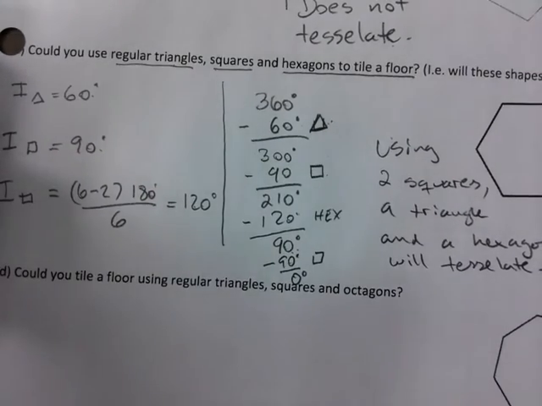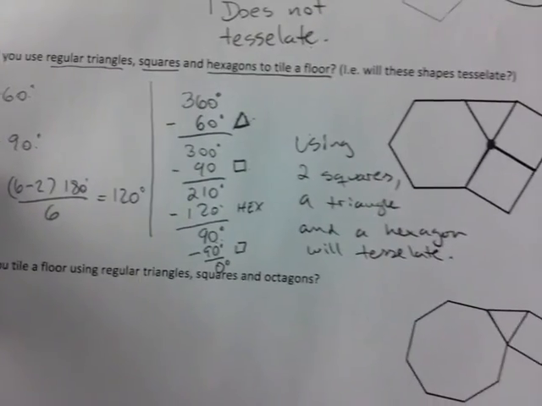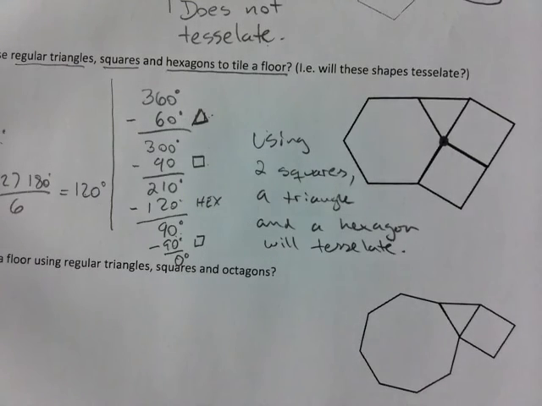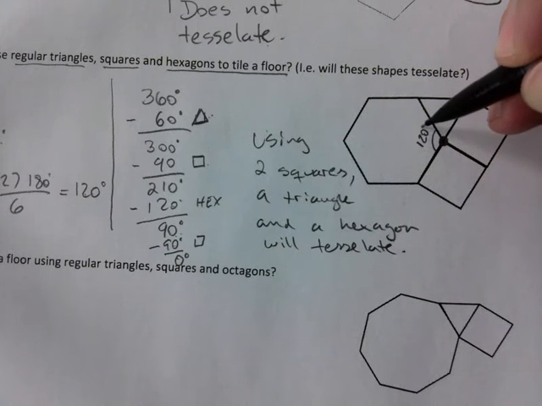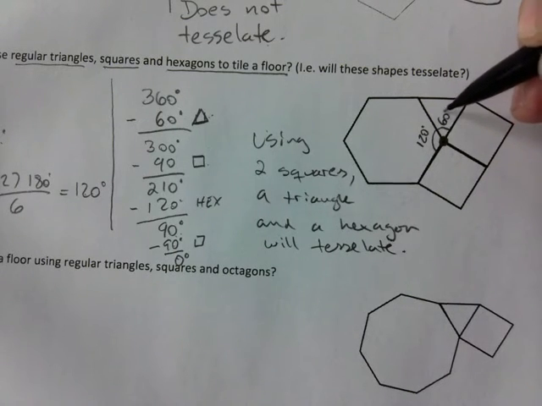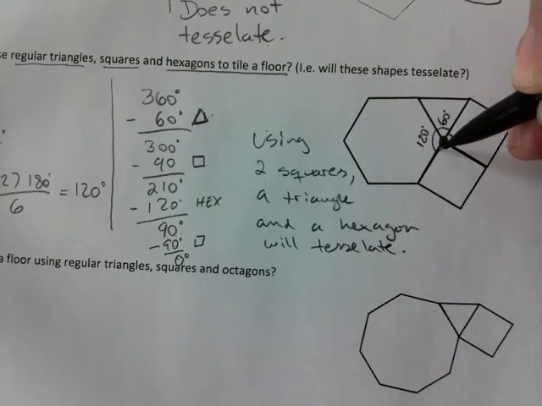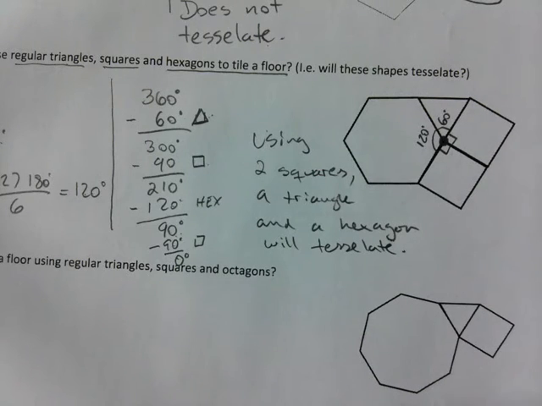Or you can use those shapes to tile the floor. Let's just go in here and just make sure, right? This is 120, this is 60, we have a 90 and a 90. And I could probably use my software and make copies of it, and it should all fit in just fine.